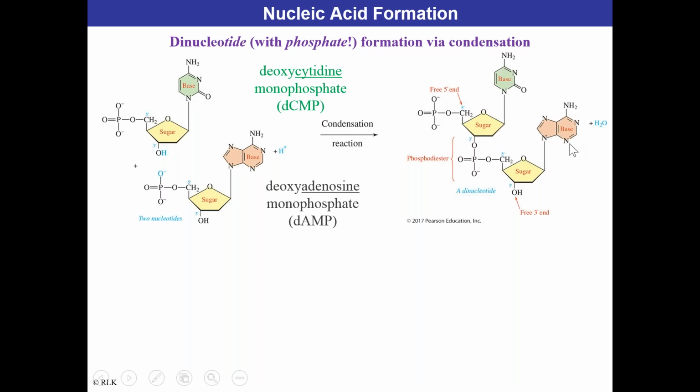Again, ignore where the bases are, and let's just focus on the sugar entities and where those are. Notice that the hydroxyl group at the 3' position coming from deoxycytidine, the topmost, is going to lose its hydrogen, and it's going to be able to interact with that phosphate group from the deoxyadenosine.